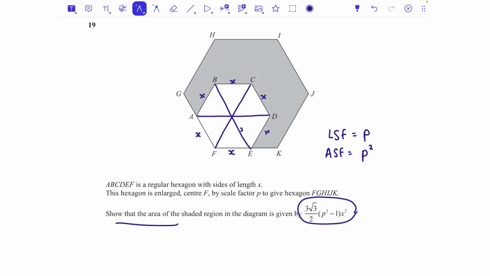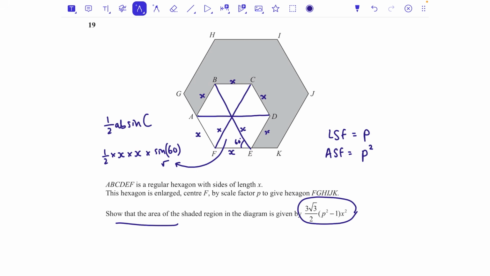So that means this is x, and if it's an equilateral triangle, I know that this is 60 degrees. So the area of each of these triangles is going to be given by half ab sine C, which is half times x times x times sine 60. Okay, so sine 60 is root 3 over 2.